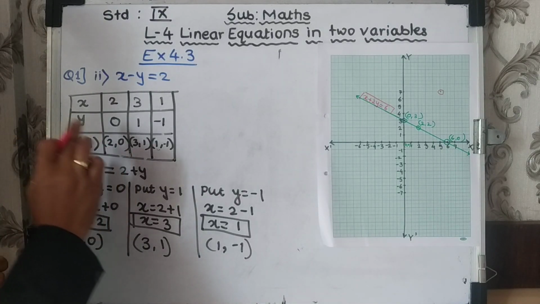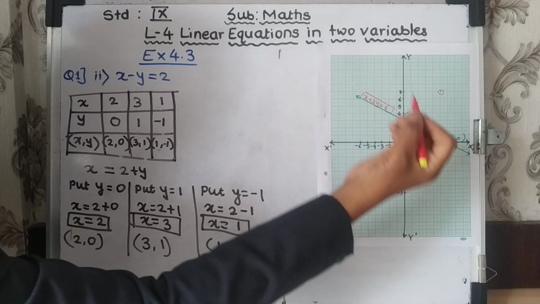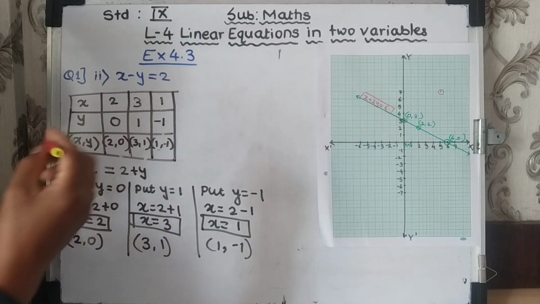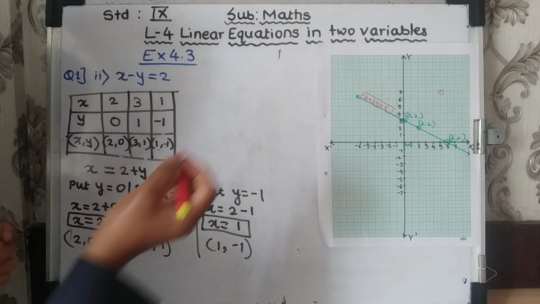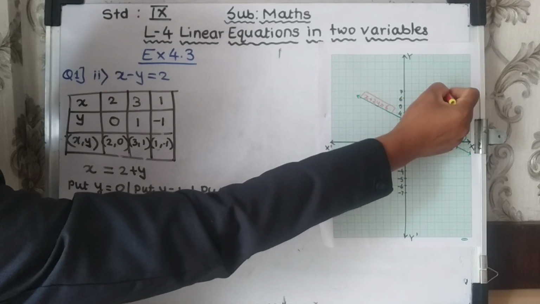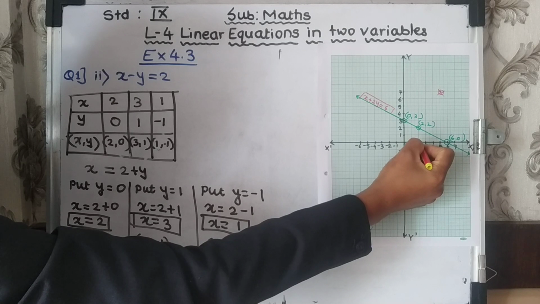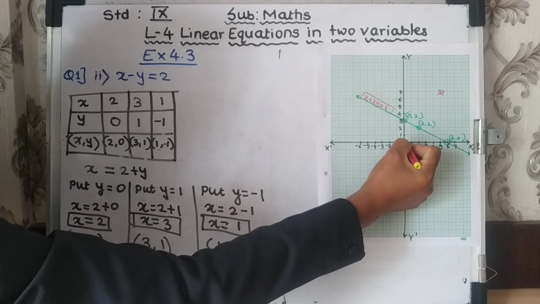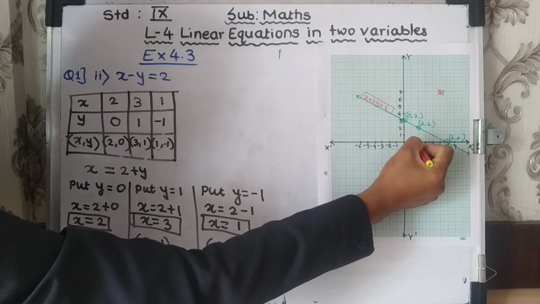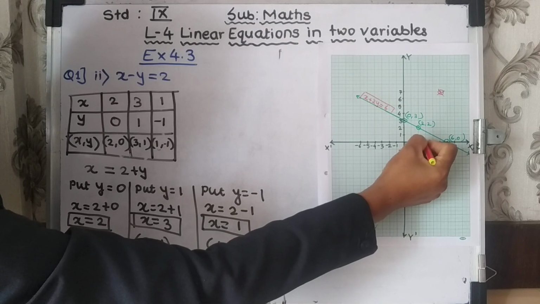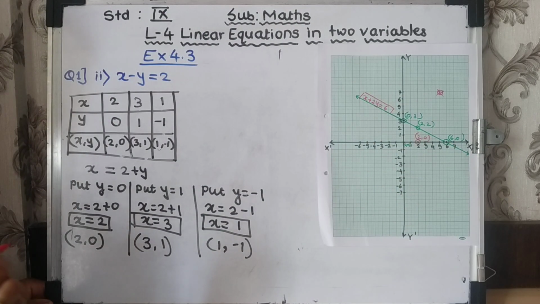First of all 2, 0. I am marking it with a red sketch pen. 2 is for the x-axis and 0 is for the y-axis. So we will circle it and write 2, 0. This is the first point.